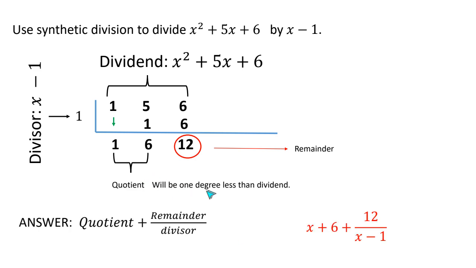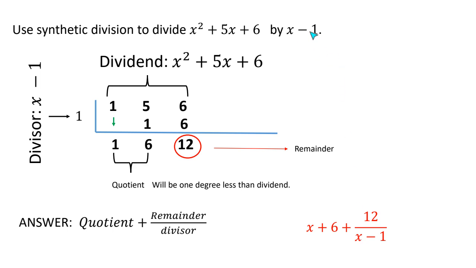If your original problem was x squared, when you write your quotient, you're going to go 1 power less. So instead of x squared, you're going to go with x. So this 1 will start with x. So that's going to be x plus 6. So that's going to be your quotient, x plus 6. Then your remainder is 12 divided by your divisor, which is x minus 1.